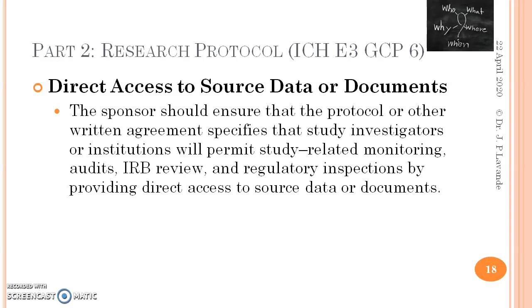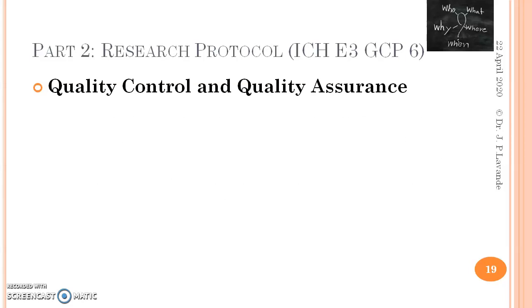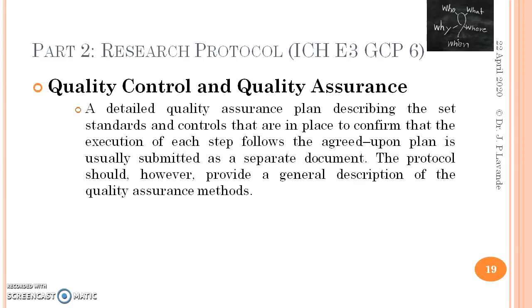The sponsor should ensure that the protocol or the written agreement specifies that study investigators or institutions will permit study-related monitoring, audits, IRB review, and regulatory inspections by providing direct access to source data or documents. Quality control and quality assurance.